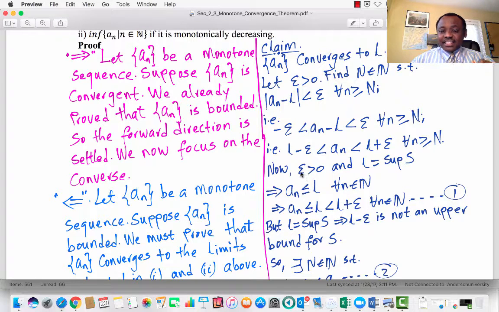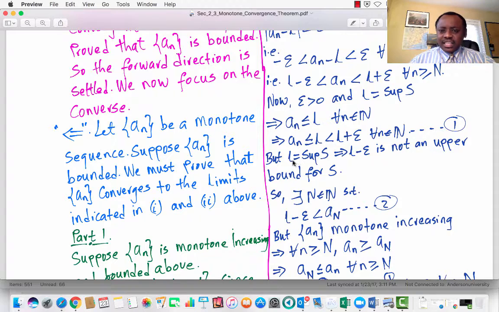But since epsilon is greater than 0, L is strictly less than L plus epsilon. It doesn't matter how small epsilon is, L is less than L plus epsilon. In other words, an is less than or equal to L, which is strictly less than L plus epsilon, and that holds for every natural number n. Call that inequality chain 1.